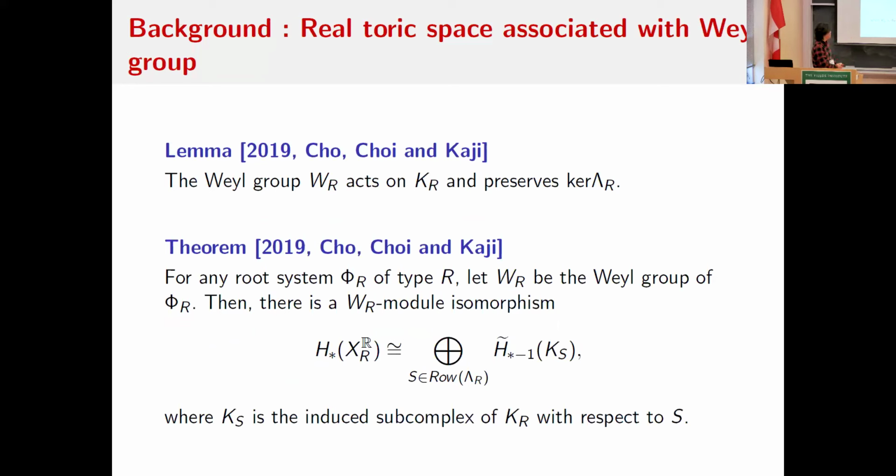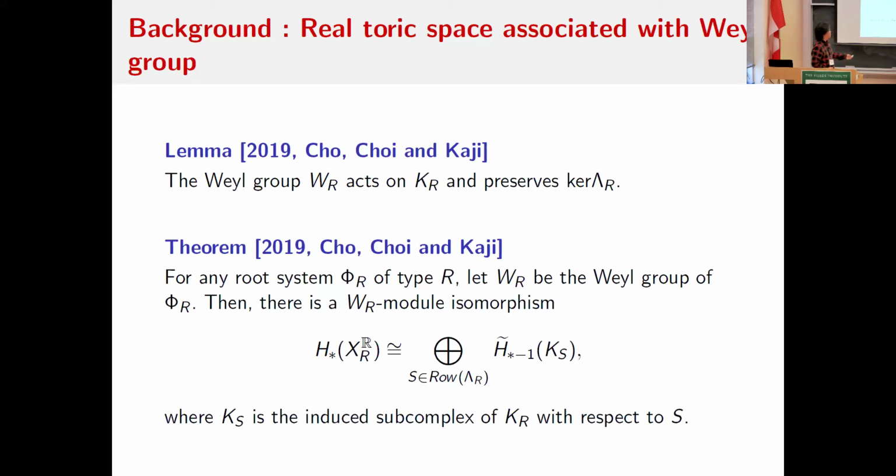This theorem says that there is a G-module isomorphism between the real toric variety associated with the Weyl group and the summands of homologies of some subcomplex of K_R, and this K_S is induced by the elements of the row space of lambda.